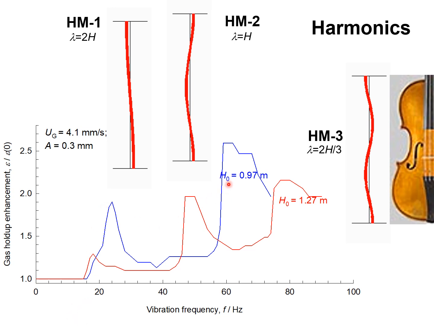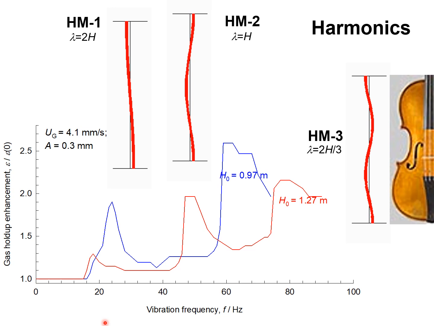For a liquid height of 97 centimeters, there are two maxima shown here and here at 24 hertz and approximately 60 hertz. For a column in which the water height is 1.27 meters, there are three maxima corresponding to vibration frequencies of 20 hertz, 50 hertz, and 80 hertz.